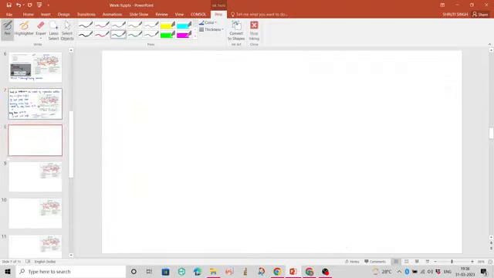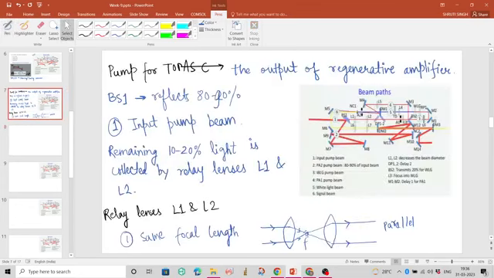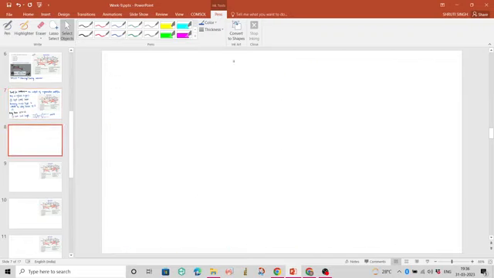So this I discussed when the lenses have the same focal length, but this scenario will change when they have different focal lengths. So let's check one case, different focal lengths. This lens has a larger focal length.